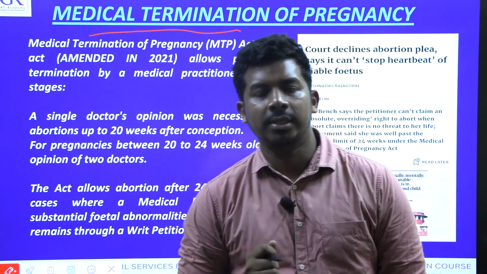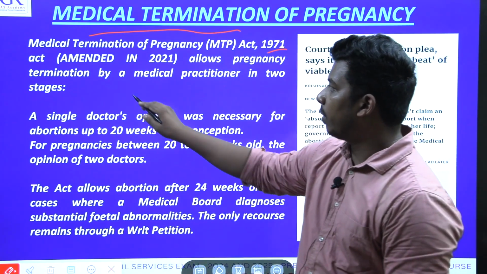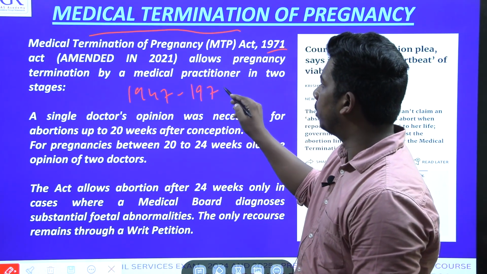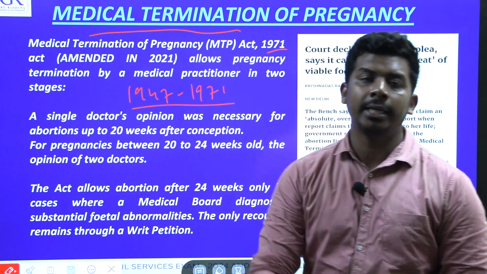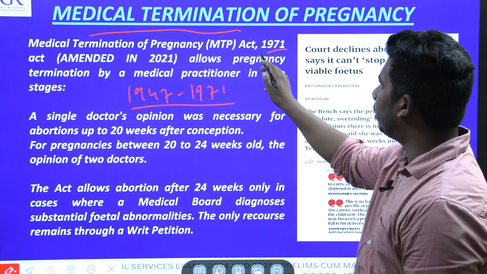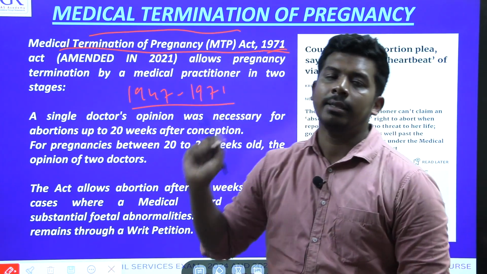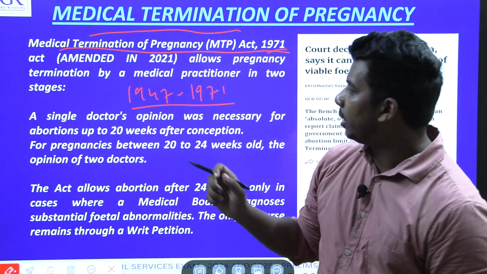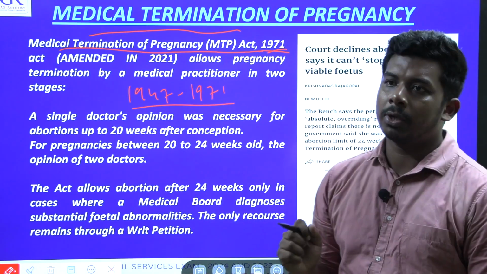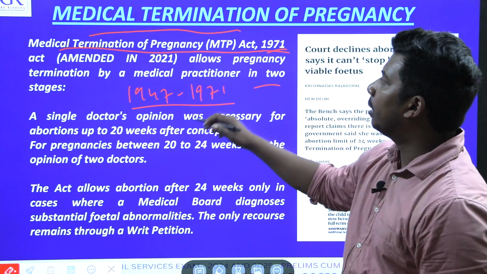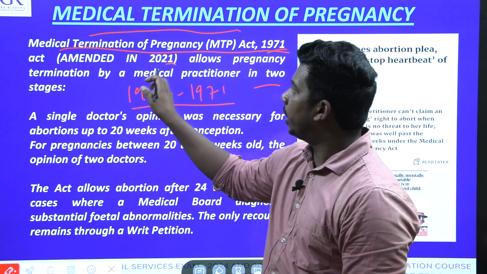See the situation in independent India. From 1947 till 1971, abortion was illegal in India. In 1971, an act was brought, the Medical Termination of Pregnancy Act, and this act legitimized abortion. So it made abortion a legal way.